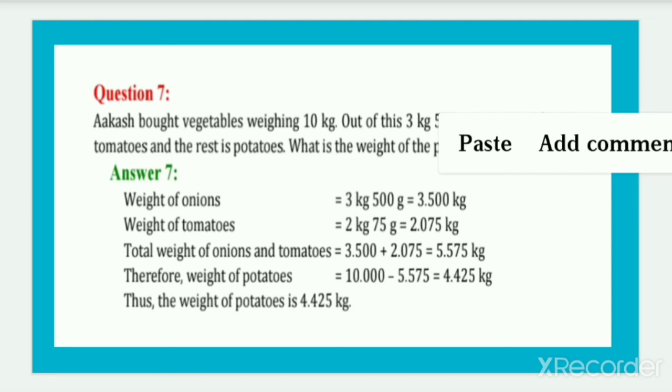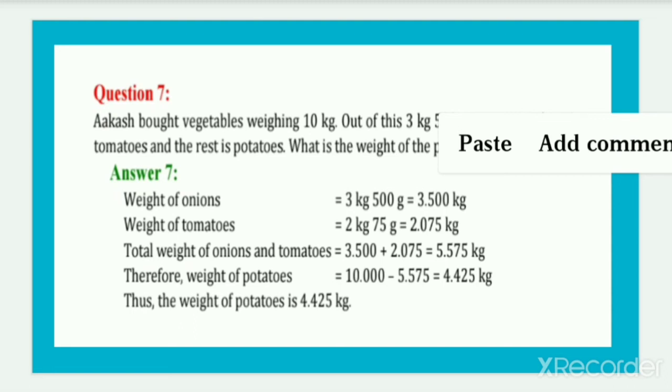For finding the potatoes' weight, we have to subtract from the total weight, which was 10 kilogram. Because the weight of the onions and tomatoes is in decimal, we put a decimal point after the total weight and add 0.00. So the weight of the potatoes left will be 4.425 kilogram.